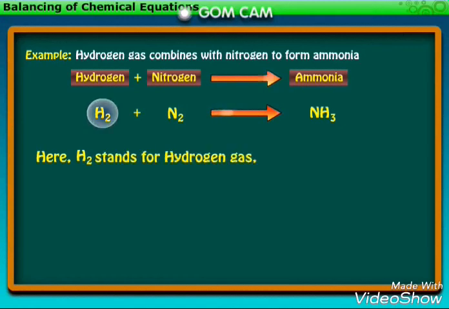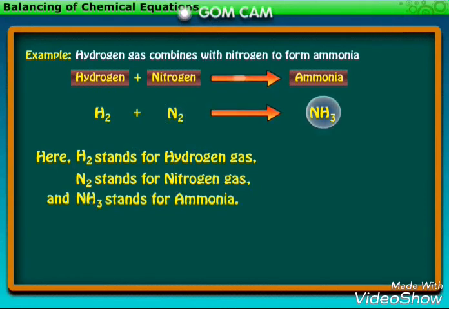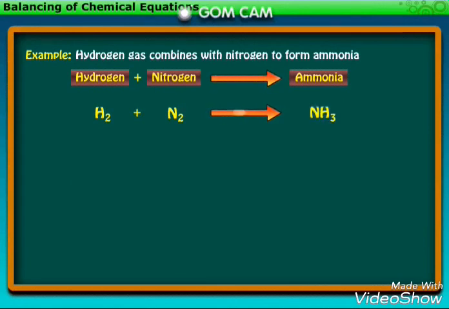Here, H2 stands for hydrogen gas, N2 stands for nitrogen gas, and NH3 is the chemical formula of ammonia. In this reaction, H2 and N2 are reactants, whereas NH3 is the product.